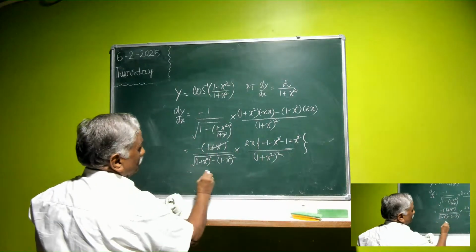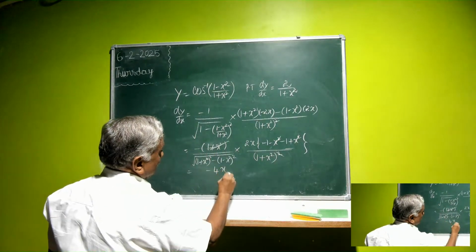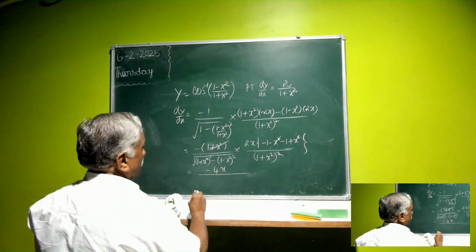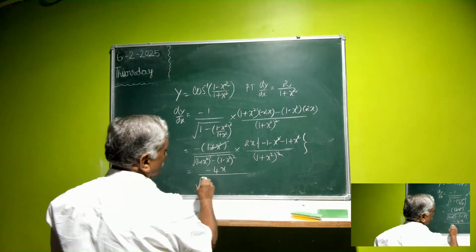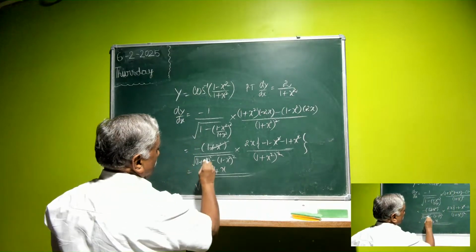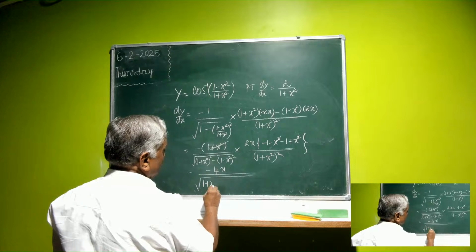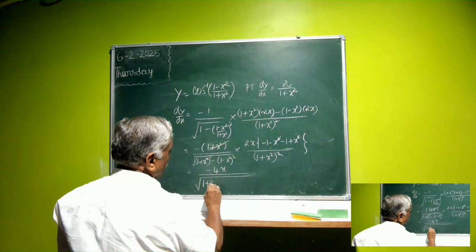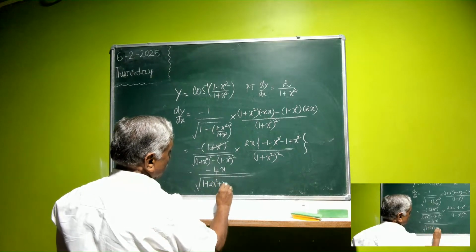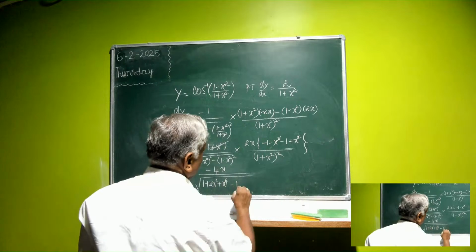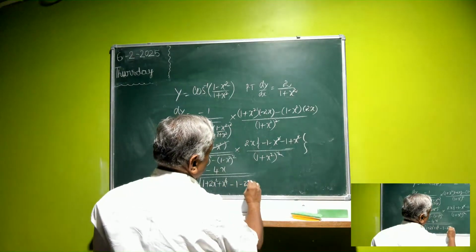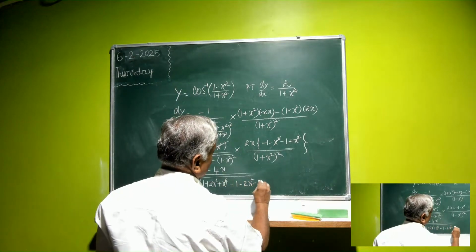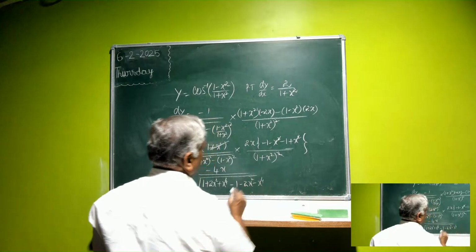You get minus 4x over root of 1 plus 2x square plus x to the power of 4 minus 1 minus 2x square minus x to the power of 4.